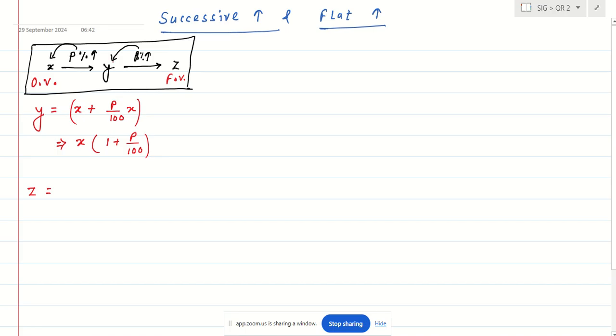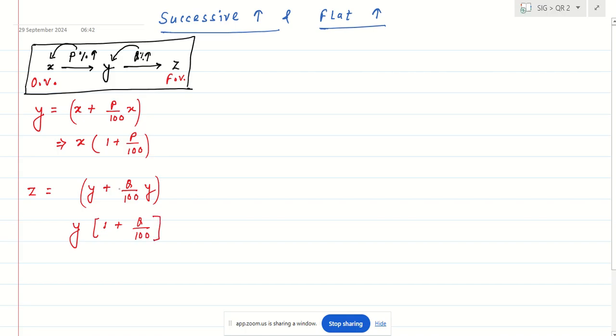So q% of y, how do I write? y plus q% which means q divided by 100 into y. Can I take y common? If you take y common, you get 1 plus q by 100.